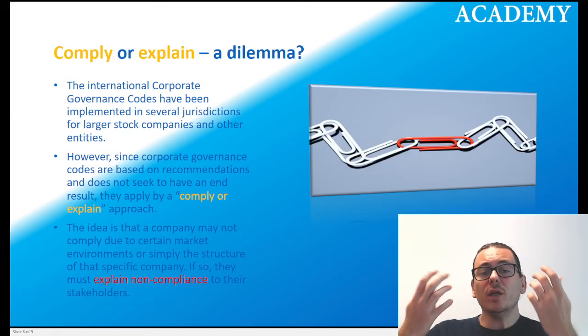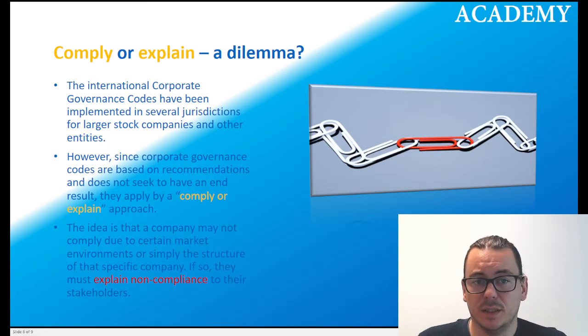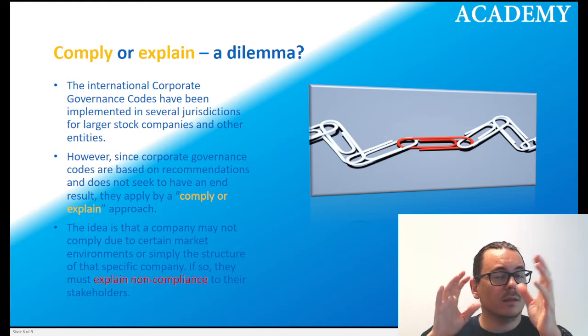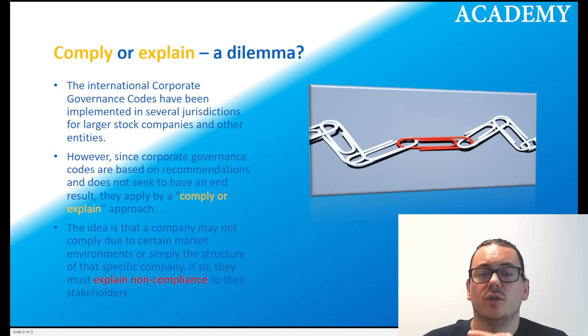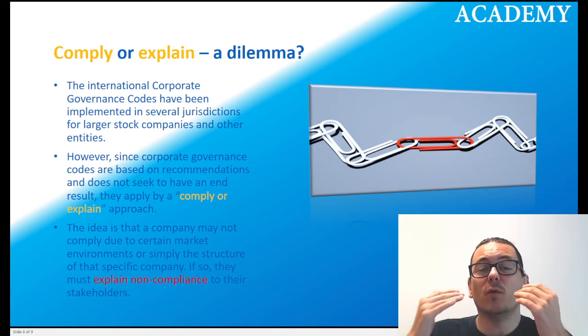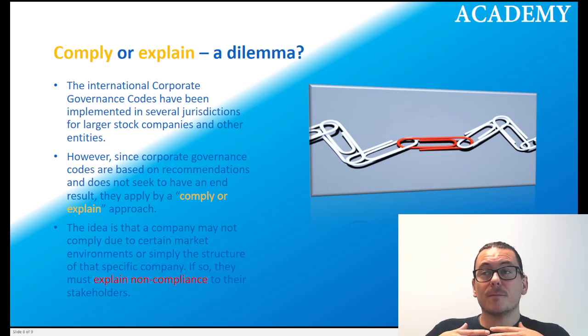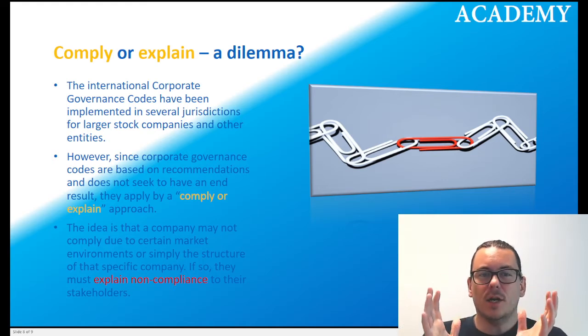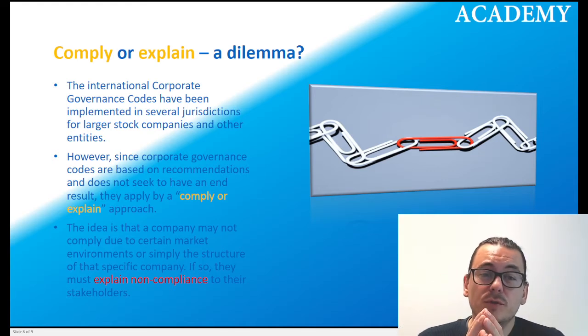So when we need this from society, we have put out some corporate governance codes, and that will be implemented differently in certain jurisdictions, and certain companies are actually forced to relate their governance structure to corporate governance codes.